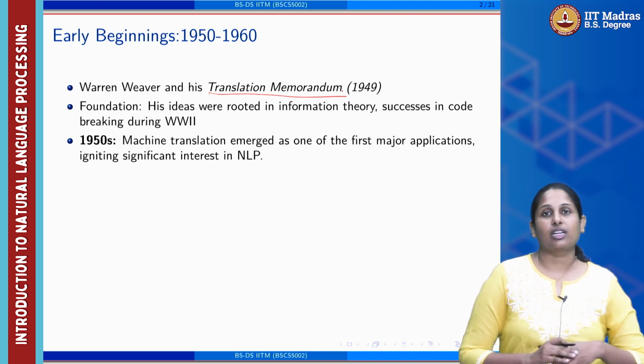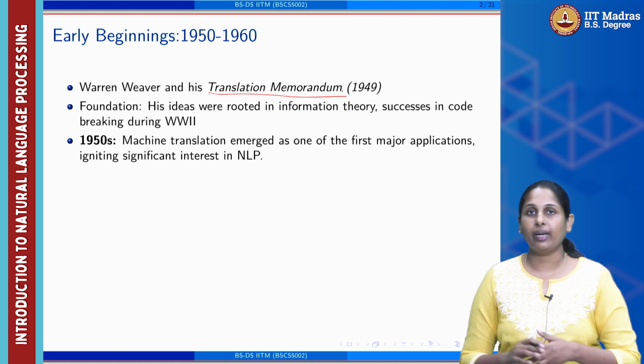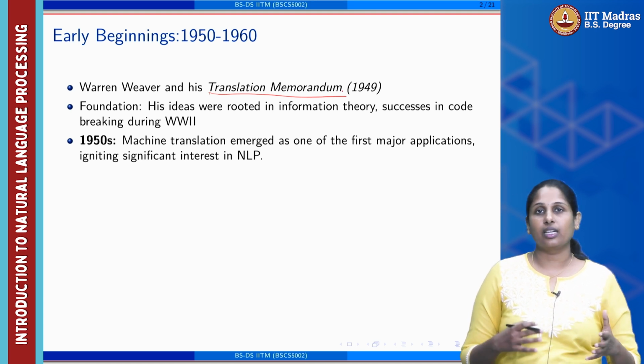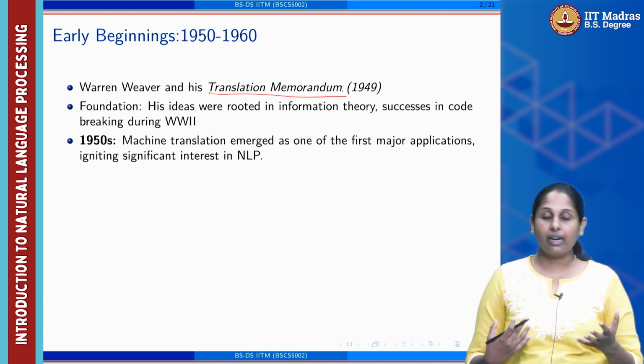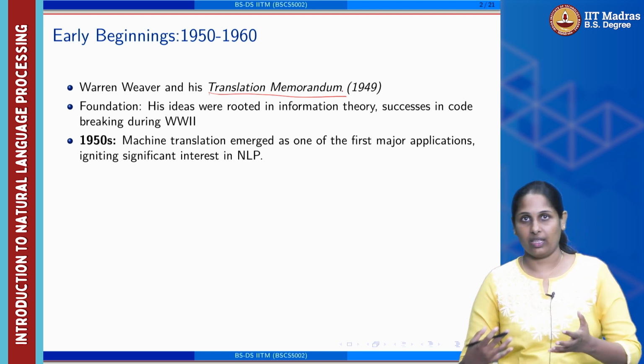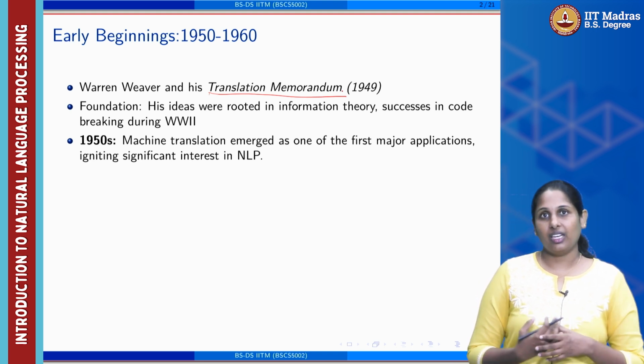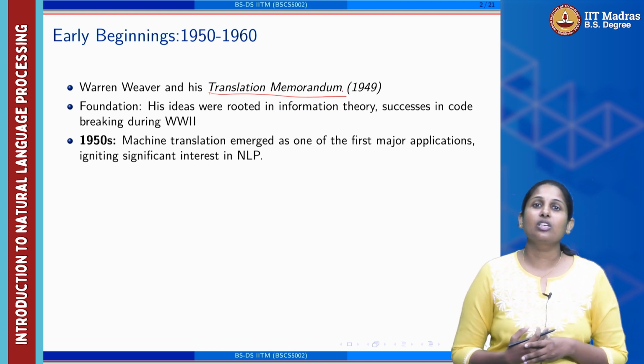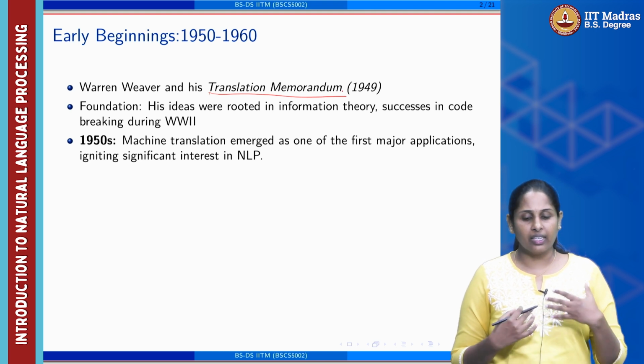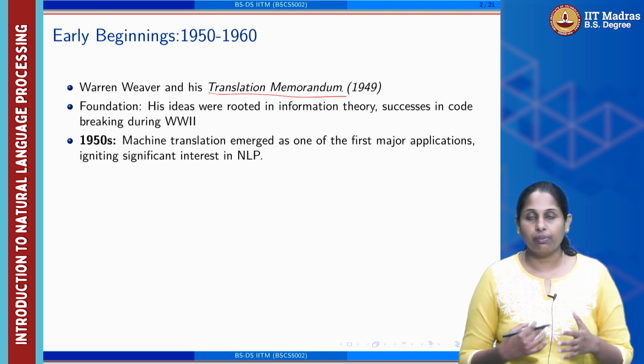Especially during this time, when the Second World War was happening, people started sending secret messages from one place to another. To decode those secret messages, they started using computers, and information theory played a very important role.